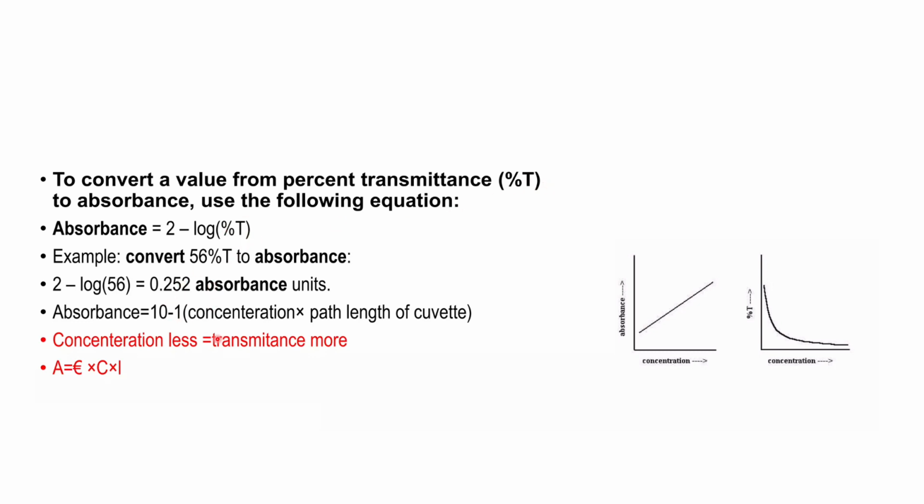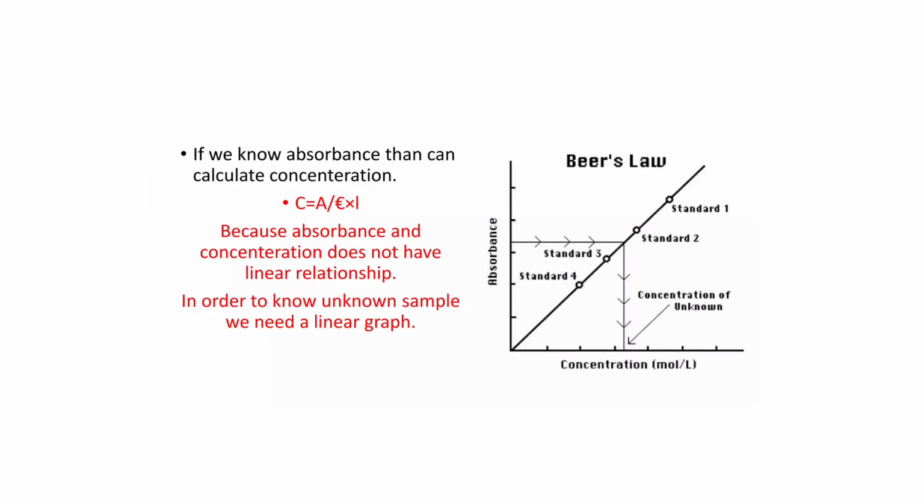Also, from Beer-Lambert's law, we have A = εCl, where A is the absorbance, ε is the molar extinction coefficient, C is the concentration, and l is the path length. If we know the concentration, the path length and the molar extinction coefficient, we can calculate the absorbance from that equation. And any value that we know, we can just rearrange the equation and identify the other value.